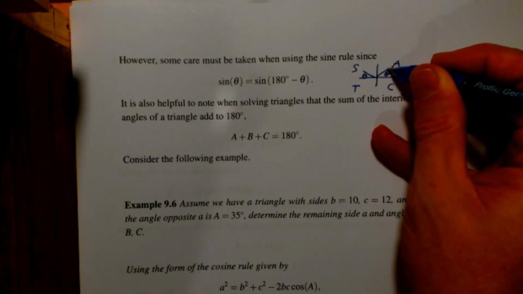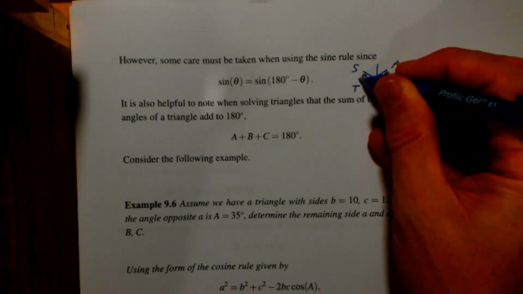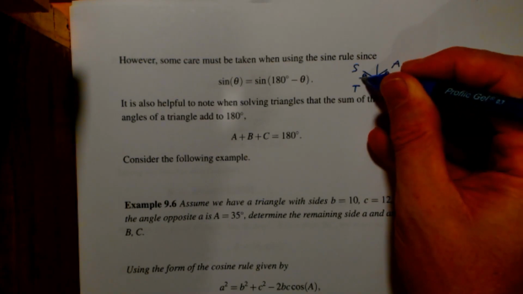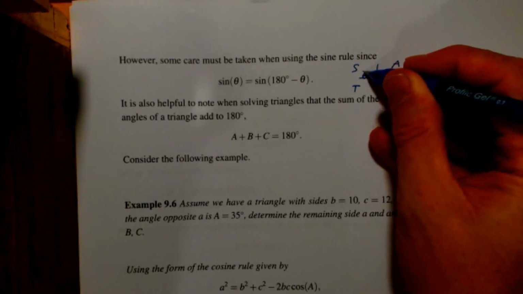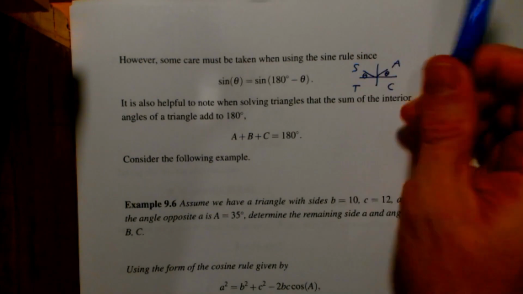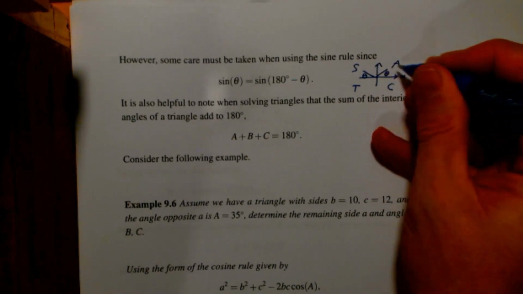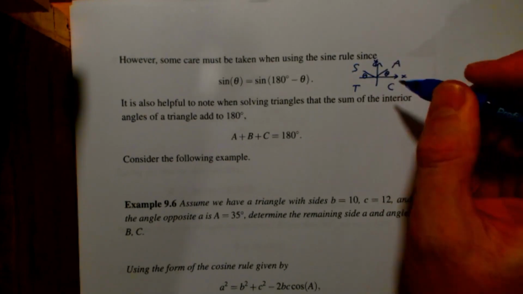So this is theta, this is 180 minus theta, where this is the angle theta from the negative end of the x-axis to this little line here that's symmetric about the y-axis there. Okay, so that's why we have that identity.